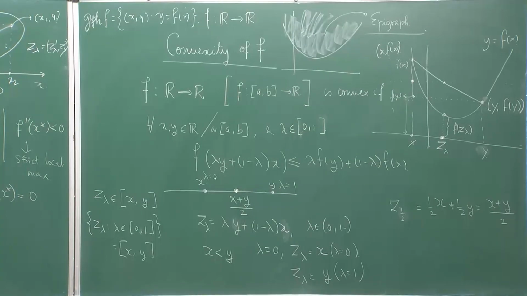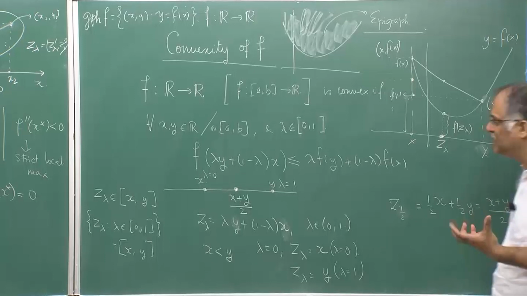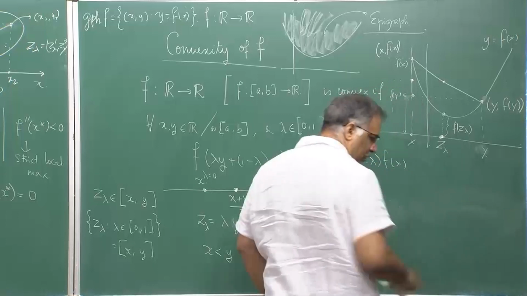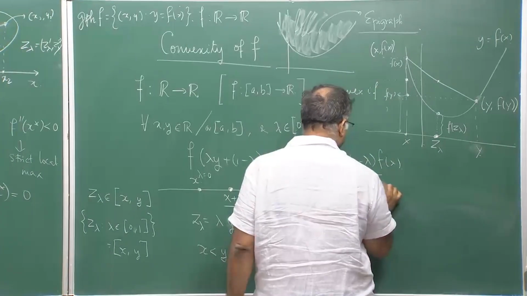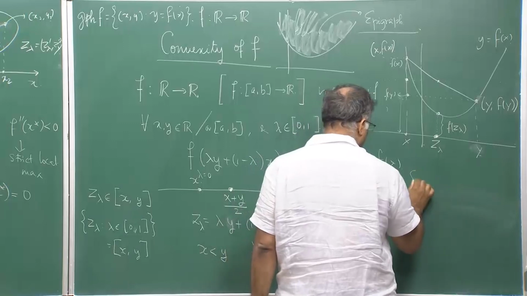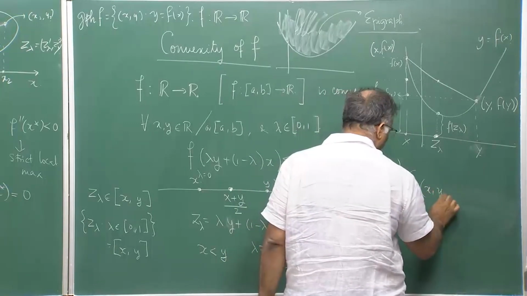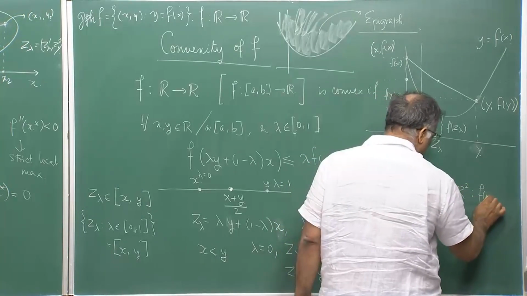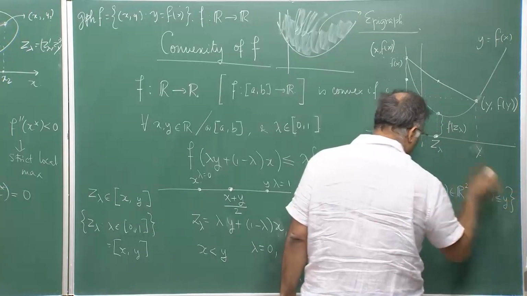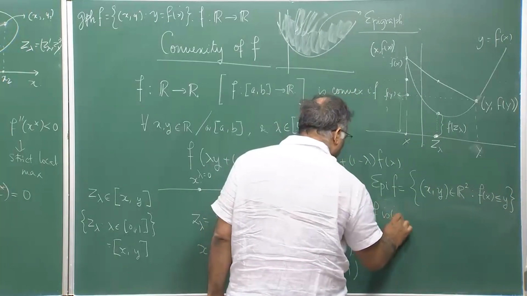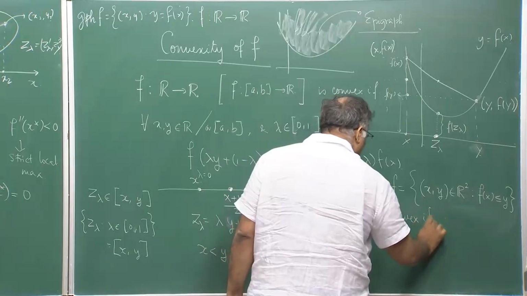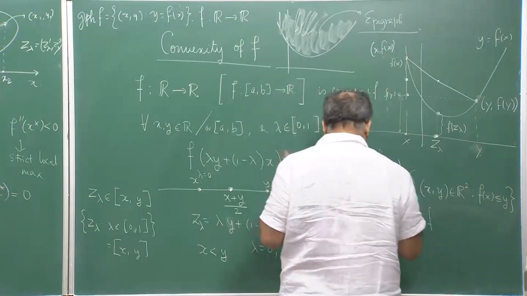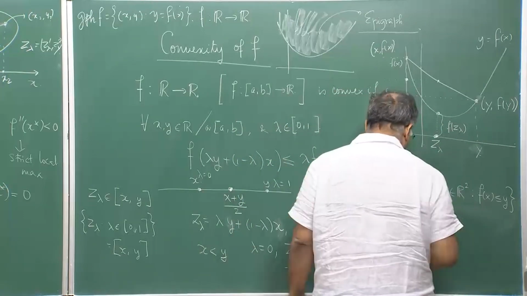So a function is convex if and only if its epigraph is convex. This is a very, very important statement which I want to write down here. So what is my epigraph? The epigraph of this function f is the set of points x, y in R2 such that f of x is less than or equal to y, and f is convex if I am just considering functions from R to R. We can later do it for other domains like AB to R; you can do those extra technicalities.